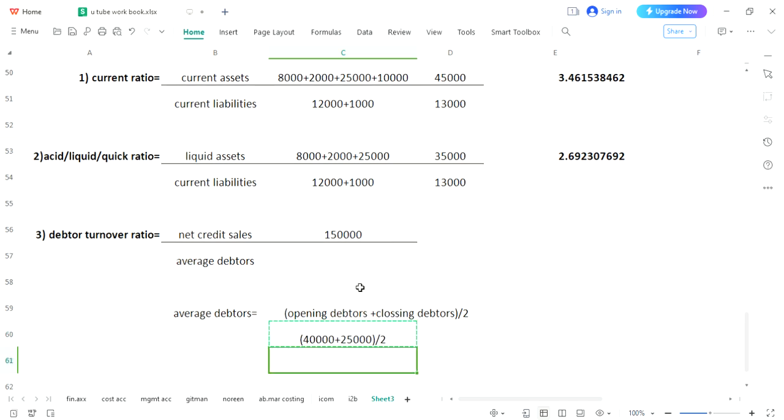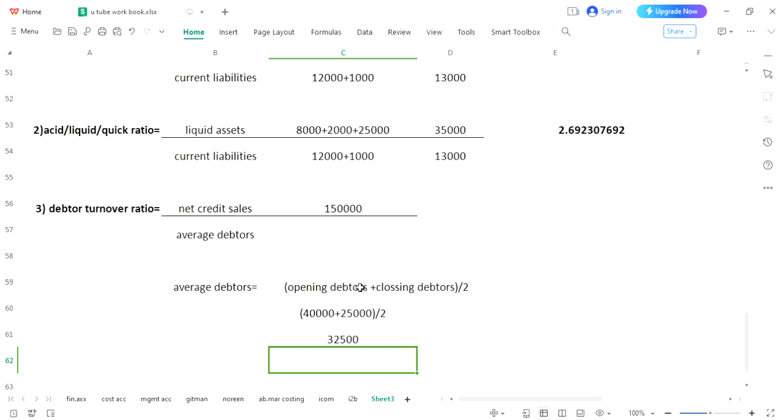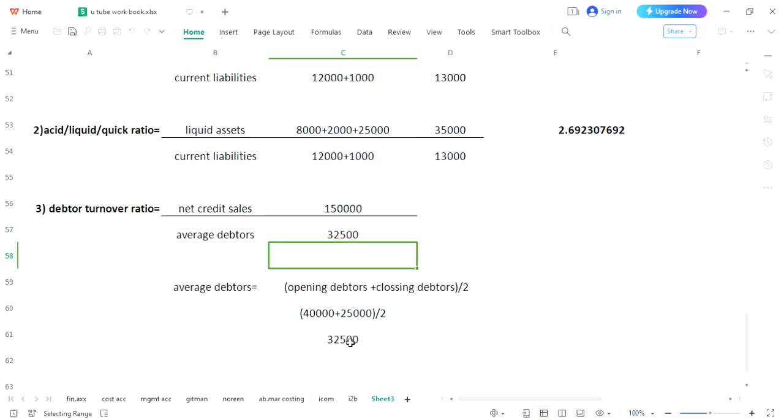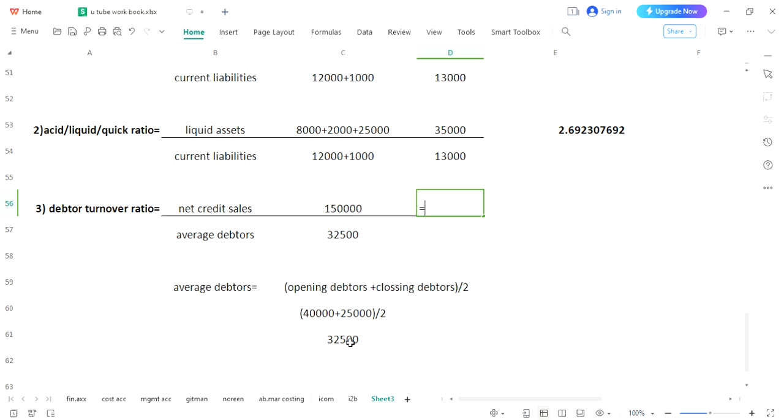And now we will put it on calculator. So we have got our average debtors 32,500. So we will put this 32,500 average debtors over here. Now it's time to calculate debtor turnover ratio, net credit sales divided by average debtors. So we have got our answer.